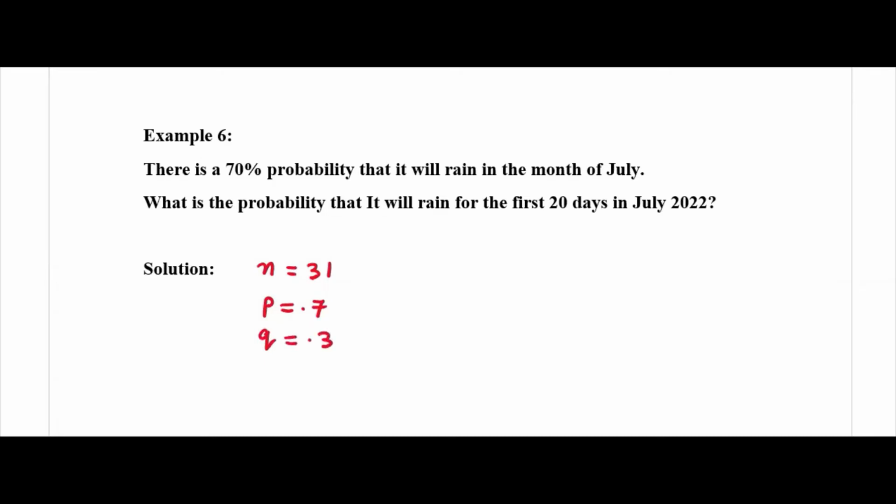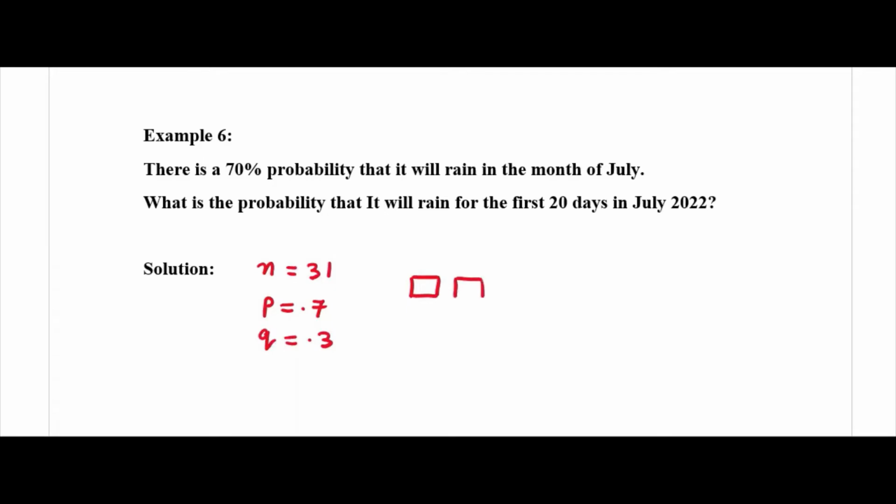How many boxes if you want to draw? 31 boxes. p is 0.7, constant for each day, that is given. You have to find the probability that it will rain for the first 20 days. Days are fixed now.